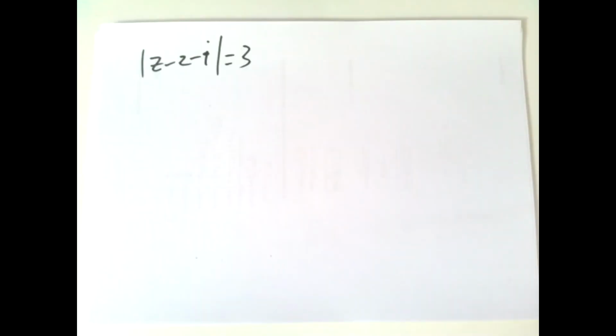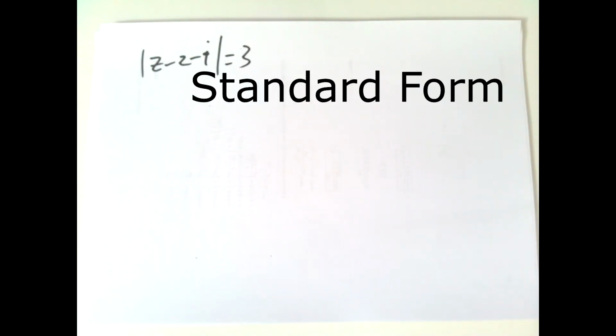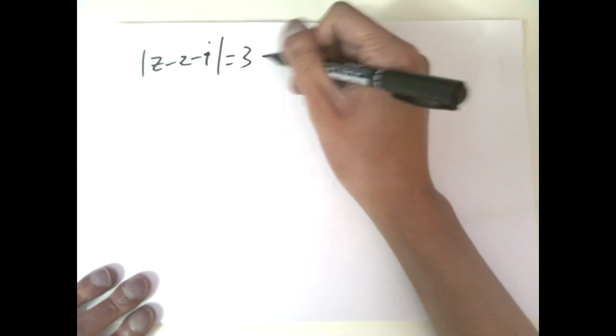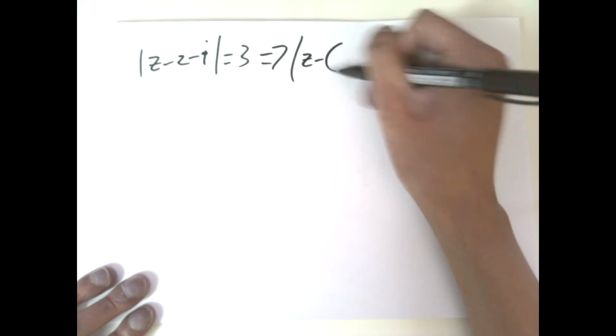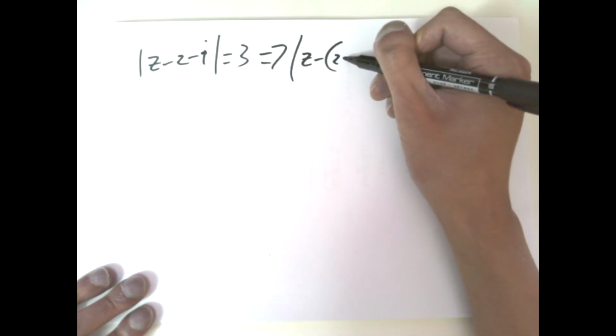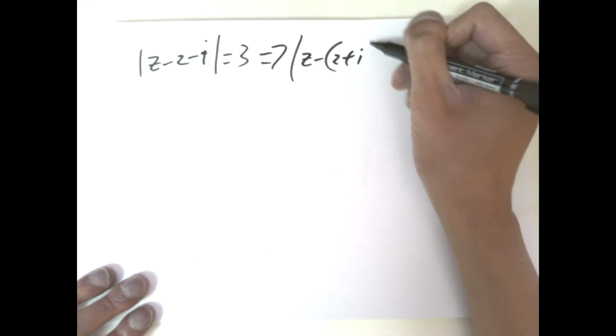The next type of loci we can look at is a circle. Firstly, we must always ensure that our locus is put in the standard form. What do I mean by standard form? We would like to express this as z minus a number. In this case, the number would be 2 plus i.